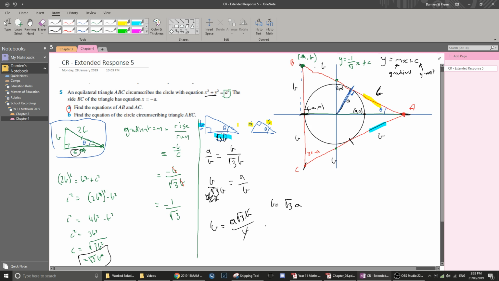Okay. So I now actually have the coordinates of this point here. The coordinates of that point there are negative A, root 3A. And I can substitute that into the equation that I have so far, and that'll give me my C final component.